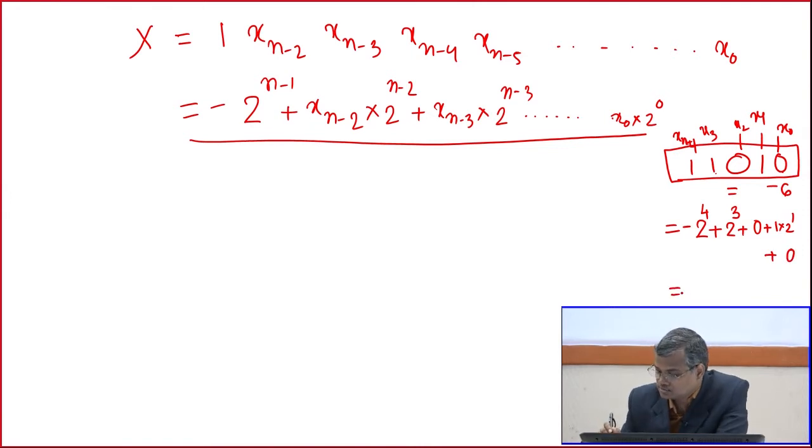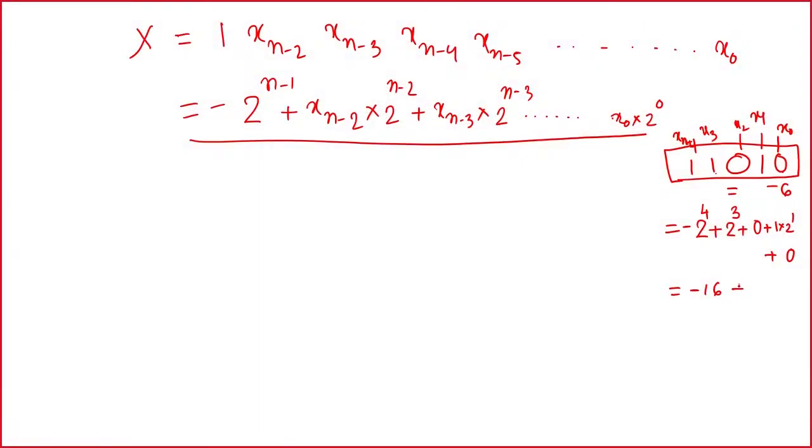What is this value? Minus 2 to the power 4 means minus 16, plus 2 to the power 3 means 8, plus 0, plus 2. So, this is nothing but minus 6. Therefore, any negative number we can write with this formula.